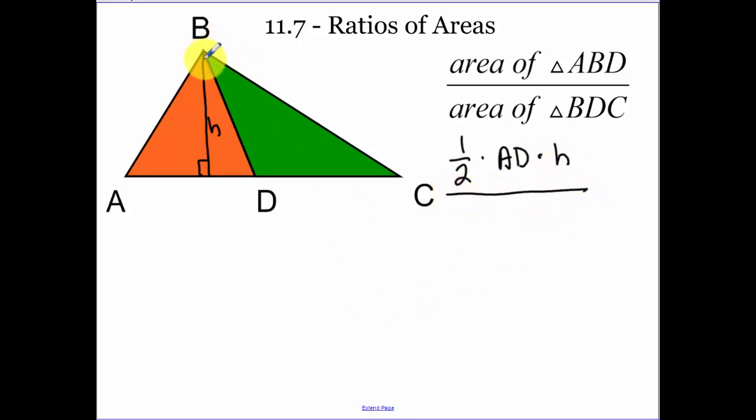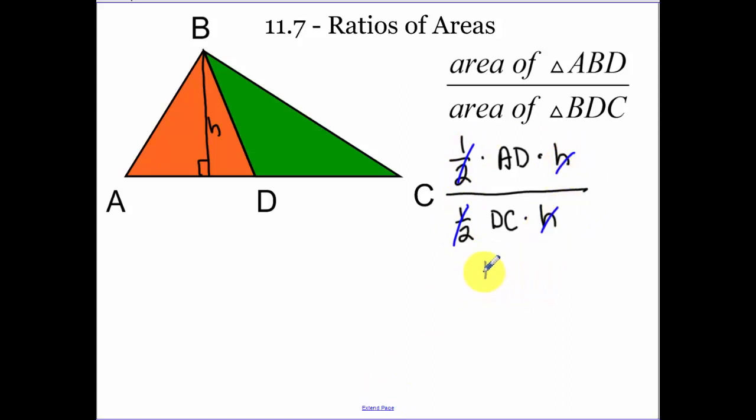Now triangle BDC. In relation to side DC, which I'm going to call the base, our height is that same segment H. So we'd have 1/2 DC times H. The 1/2's cancel, the H's cancel since they're the same thing.